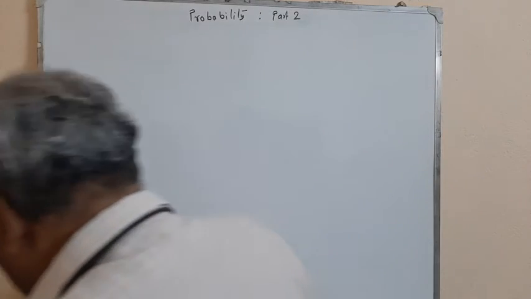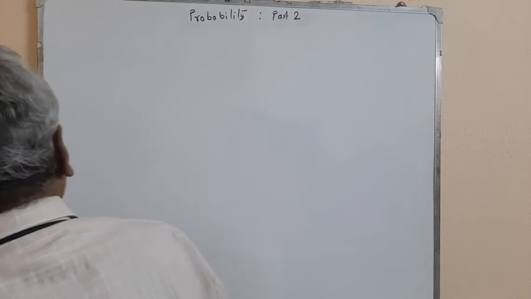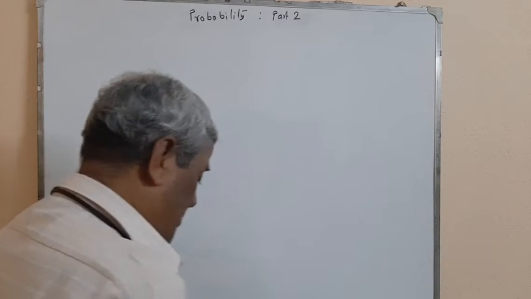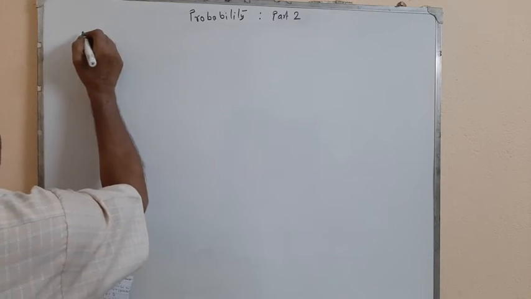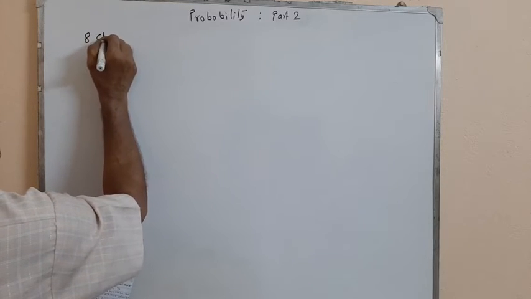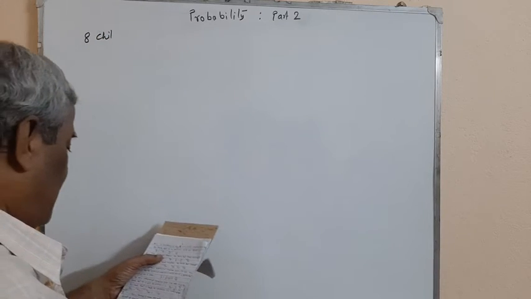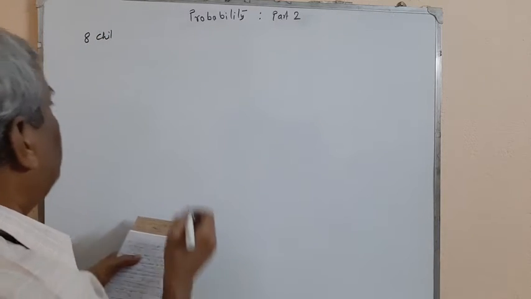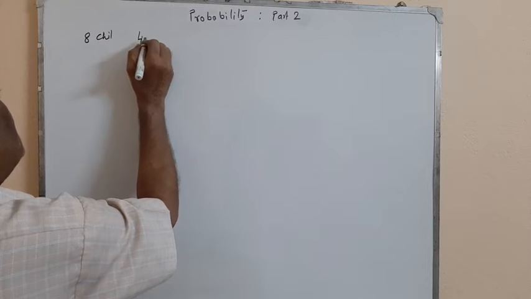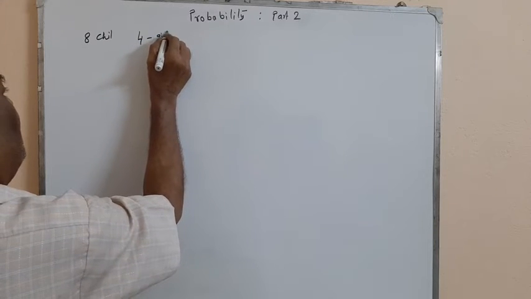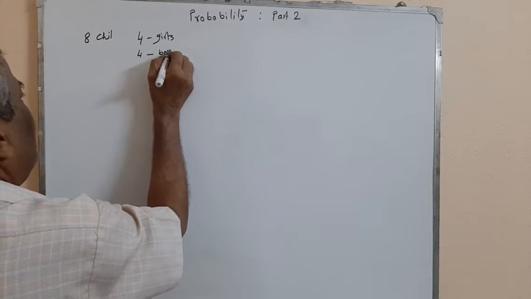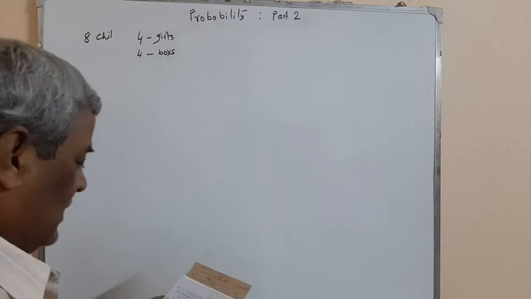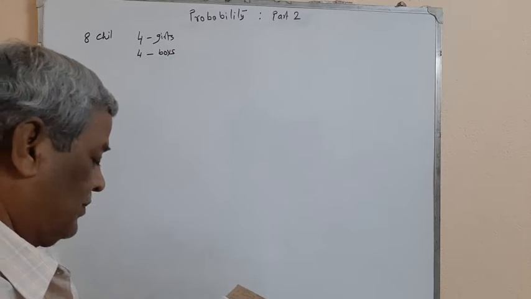Today we solve some problems on probability. First problem is: 8 children, of them 4 are girls and 4 boys, seated in a row.